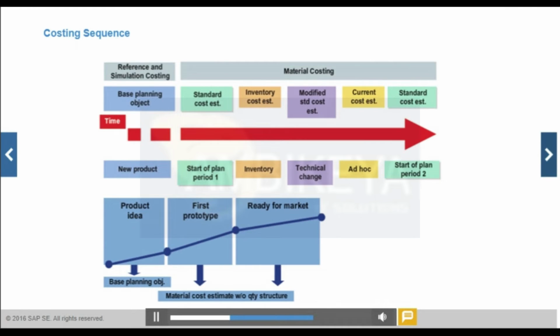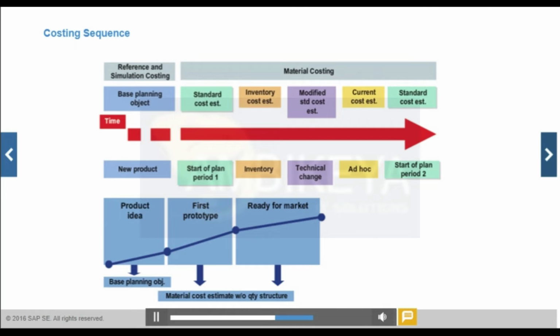First prototype stage and ready for market stage. When the first material master data is created in the SAP ERP application, you can use the material cost estimate without a quantity structure to manually plan the cost of goods manufactured and the cost of goods sold for the product. You can use the base planning object as a reference.